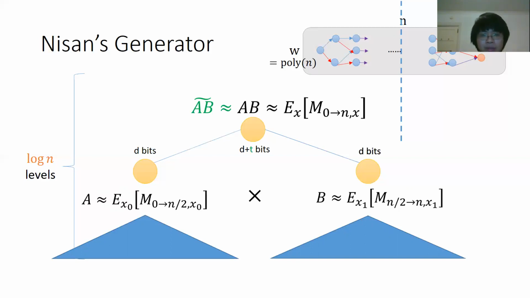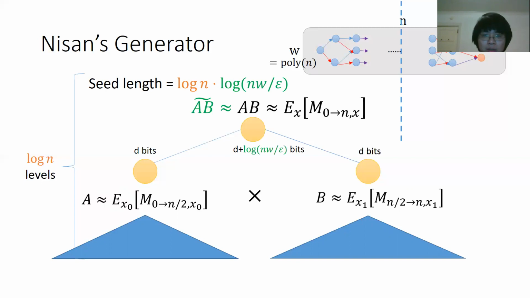So if we can do this in each level of recursion, then the seed length of the generator will be log n times T. And later we will see that this T is log NW over epsilon.